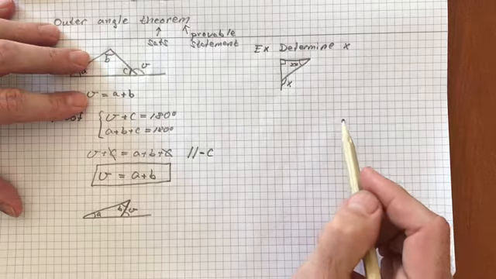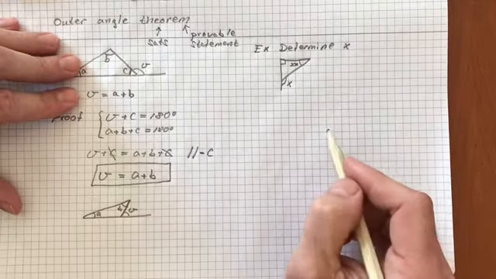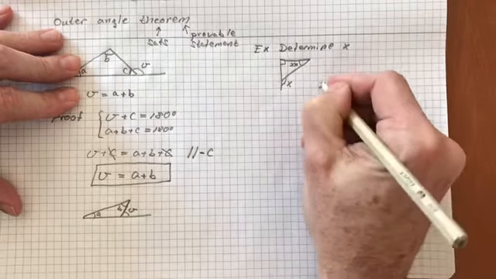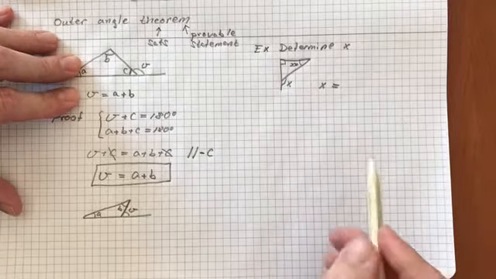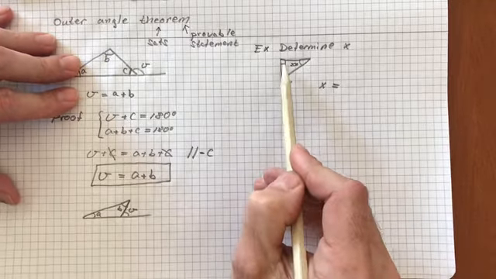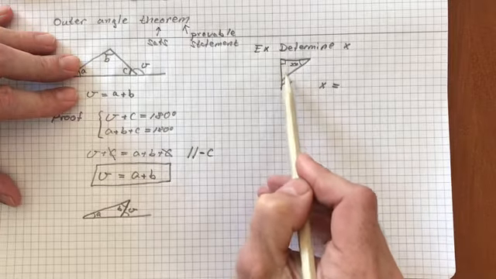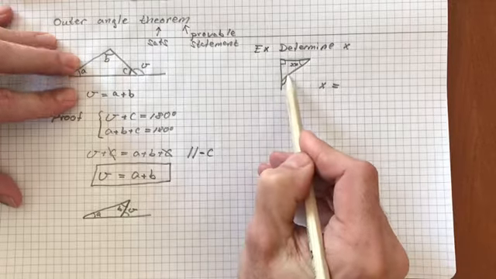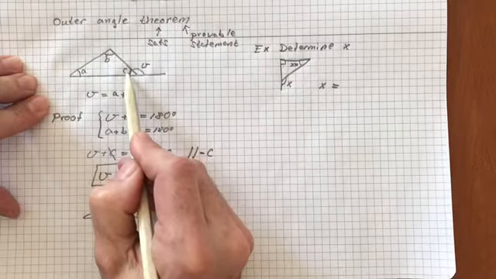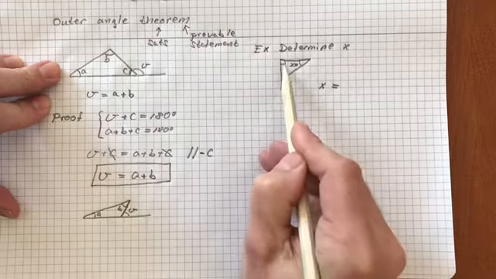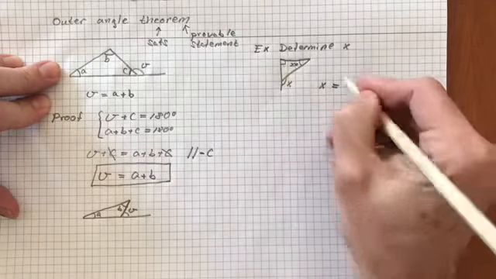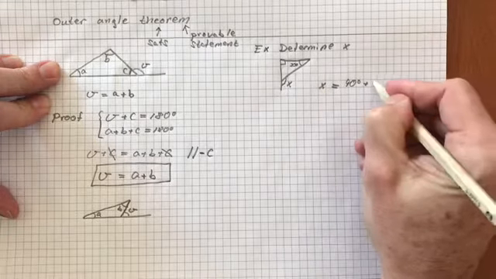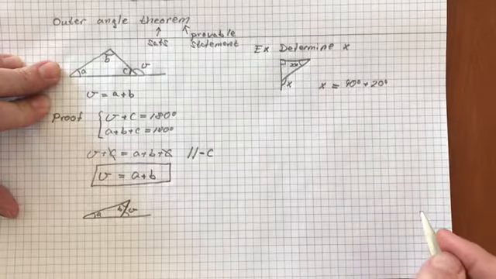Now, let's use the outer angle theorem. It says that this is the outer angle, x, and it's equal to the 2 angles inside the triangle that are opposite to this angle. So you never use this angle. You don't use C here. So x is equal to that angle, and you recognize it's 90 degrees, plus that angle, that's 20 degrees, like this.